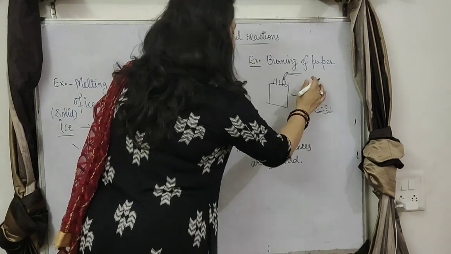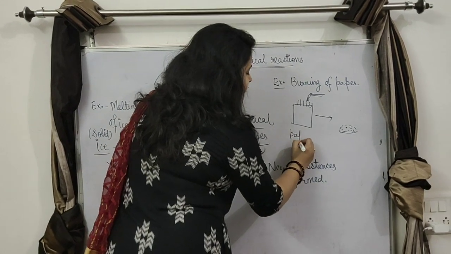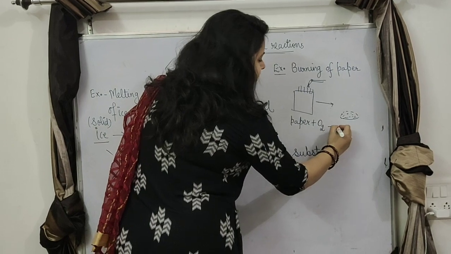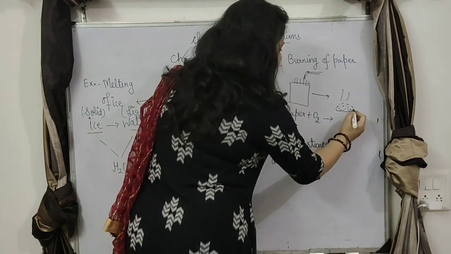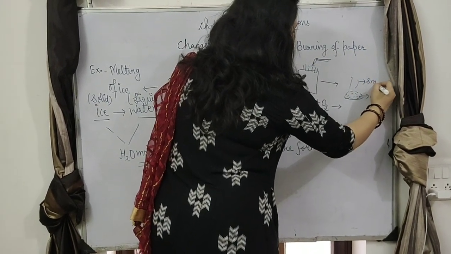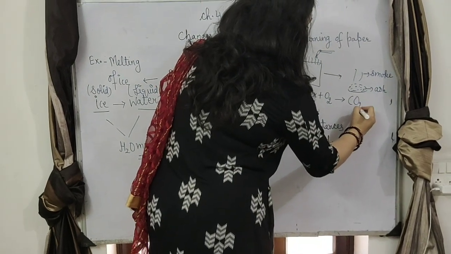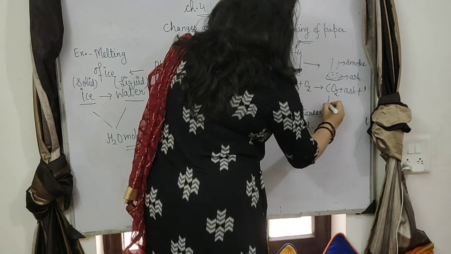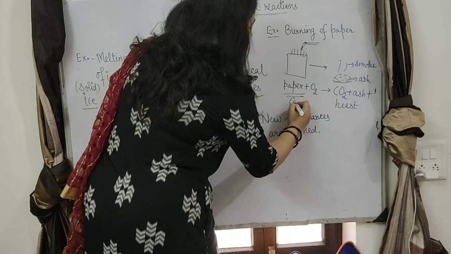And when we are burning this paper, the paper is combining with what? Oxygen present in the atmosphere, and it is producing what? Ash, smoke, or we can say that carbon dioxide plus ash plus heat. As in paper, what is present? Carbon.